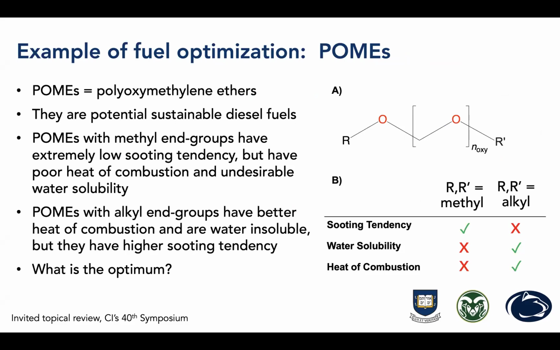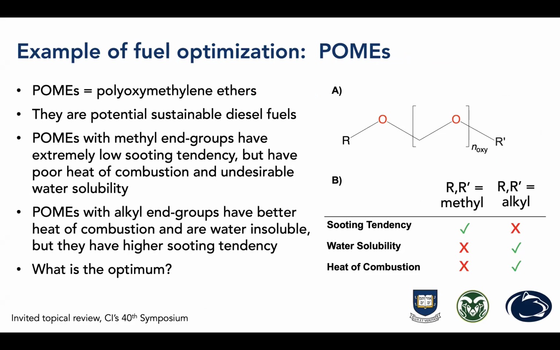This is an example of how we use the YSI and other structure property relationships to optimize fuel structure. This is polyoxymethylene ethers, which are potential sustainable diesel fuels. The picture is on the right, where the R's are methyl groups.